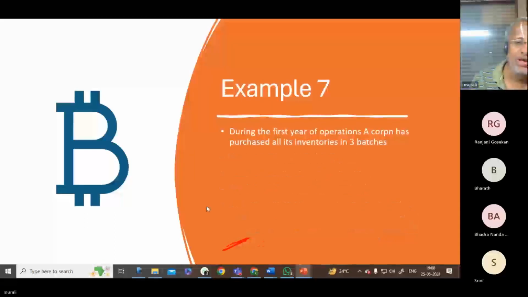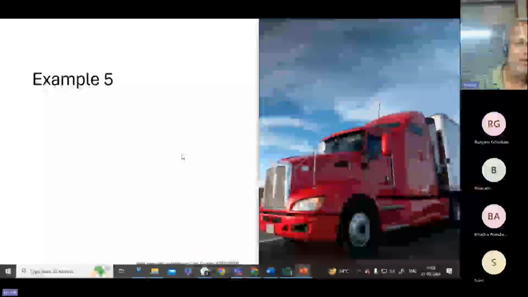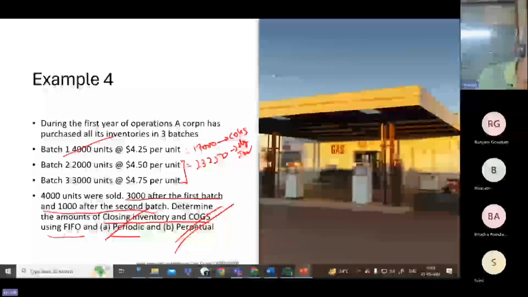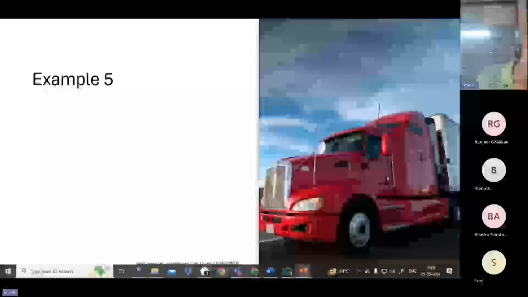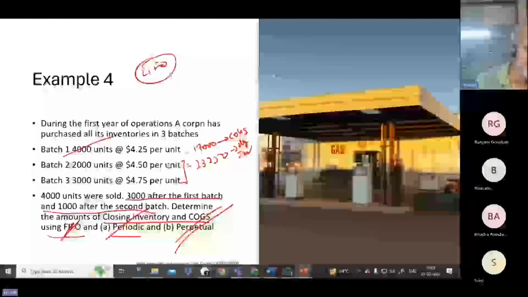So now I roll back and go to the same example. Here, instead of FIFO, LIFO is what I have to operate. Can I tell that my COGS and closing inventory would be the same for both periodic and perpetual? I hope my question is clear.